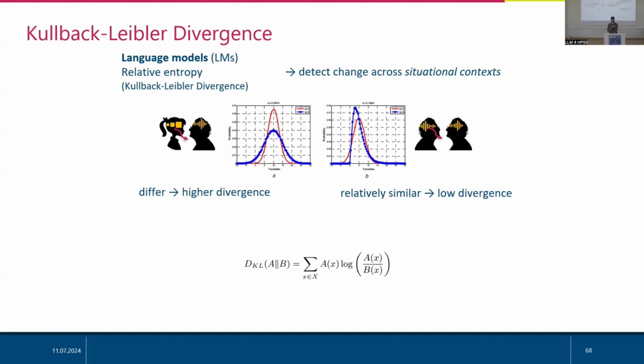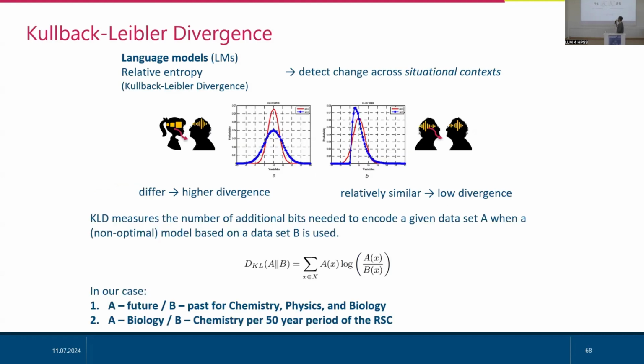And to analyze the chemical space, we used Kullback-Leibler divergence, and actually we used it in 2 different ways. So first, we focused on the disciplines independently and analyzed the evolution of the chemical space along the timeline. For example, we can think of it in the following way.